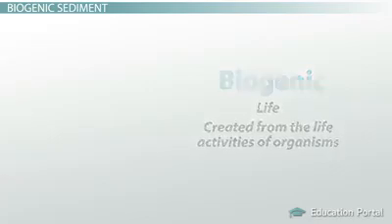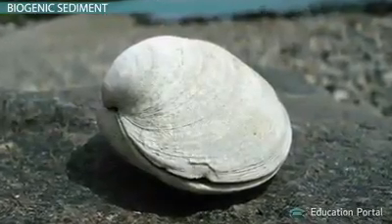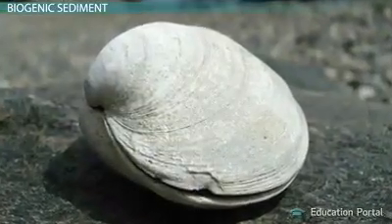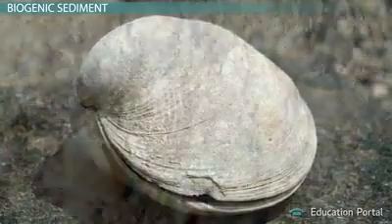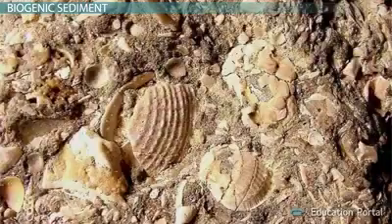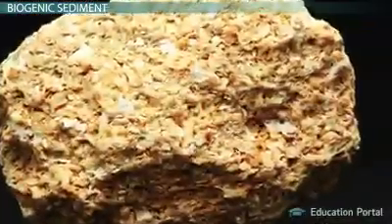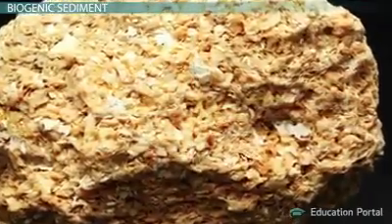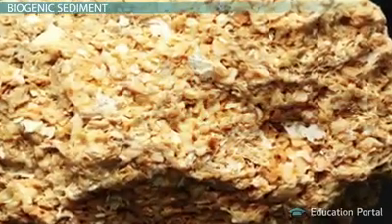For example, some marine organisms have the ability to grow shells. Eventually, those organisms will die, and biogenic sediments will be composed of their shell remains. We might also expect to see some skeletal remains from other marine organisms or fragments of other living things, such as coral reefs, found in this type of sediment.